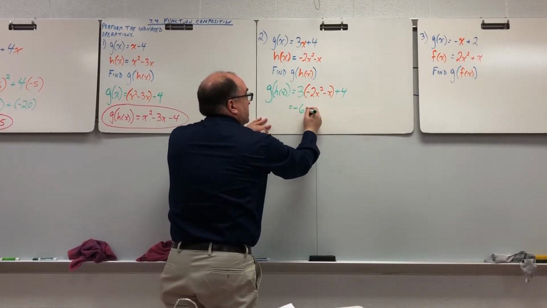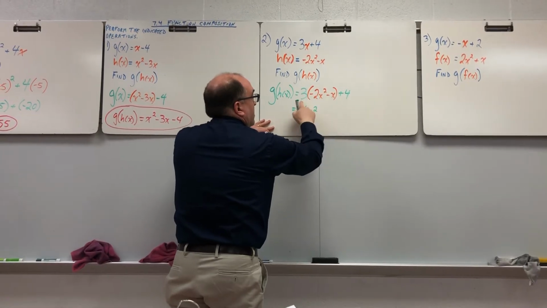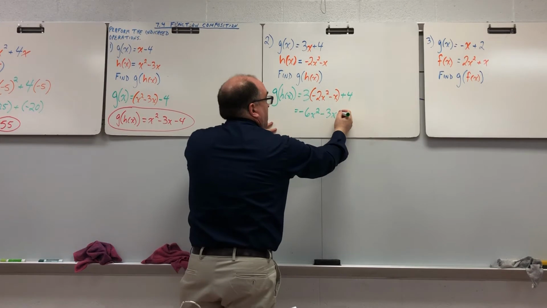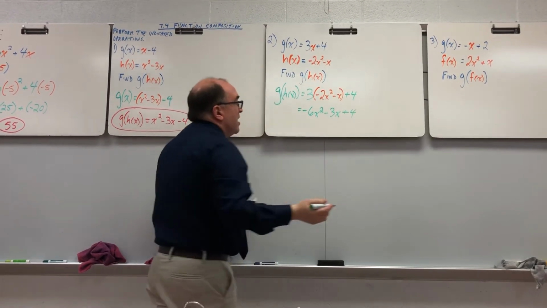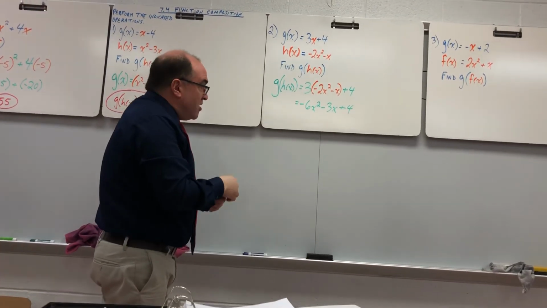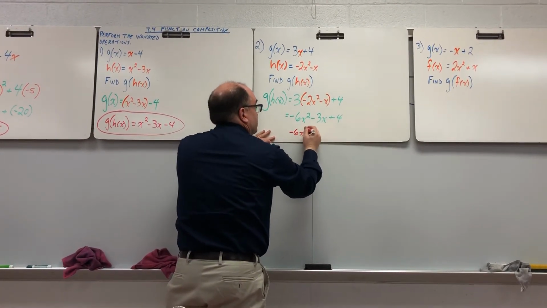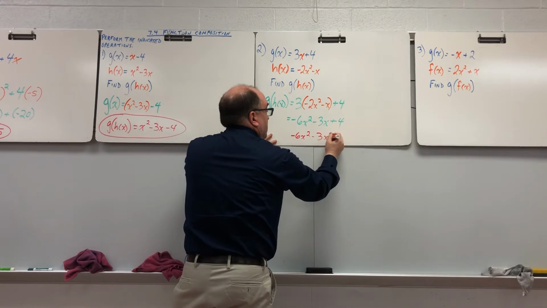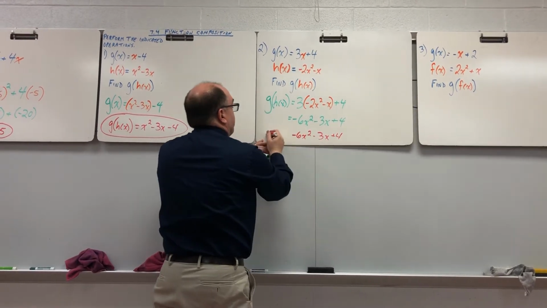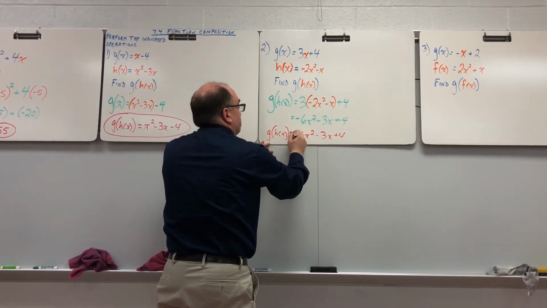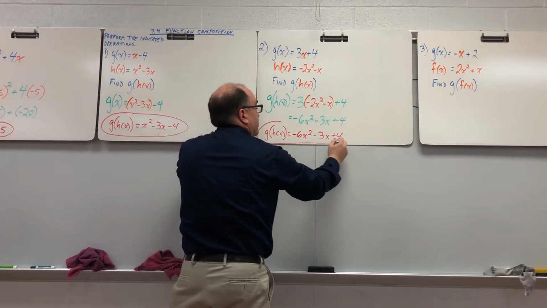Negative 6x squared minus 3x plus the 4. Are there any like terms here? No. Here, I'm done. Negative 6x squared minus 3x plus 4. Easy. Okay.